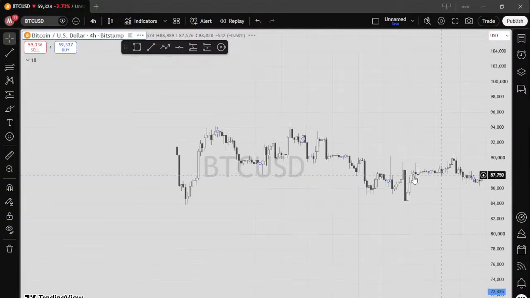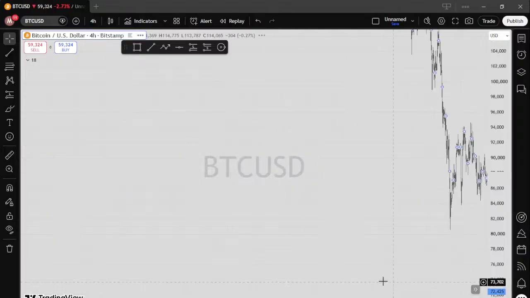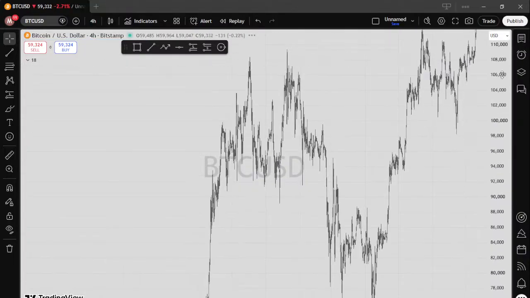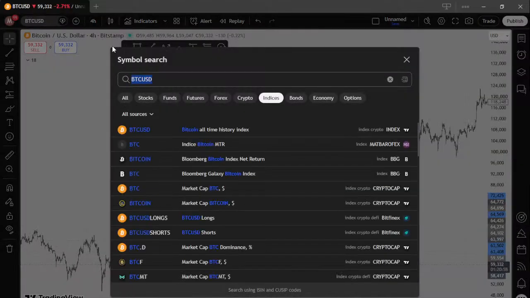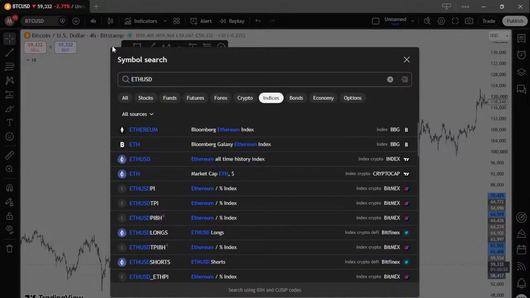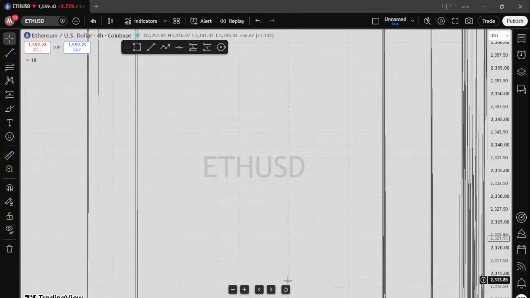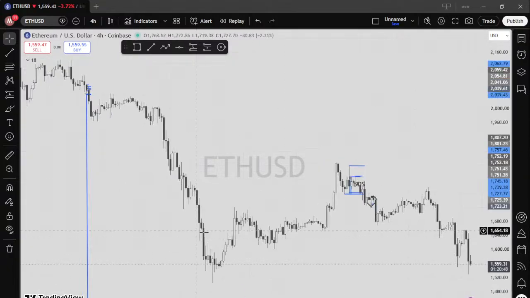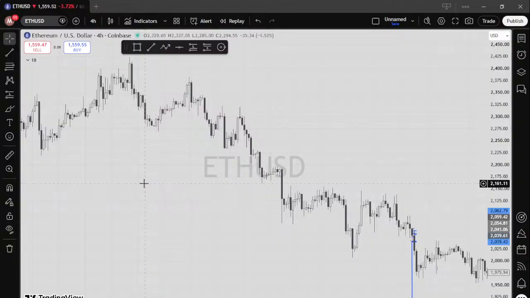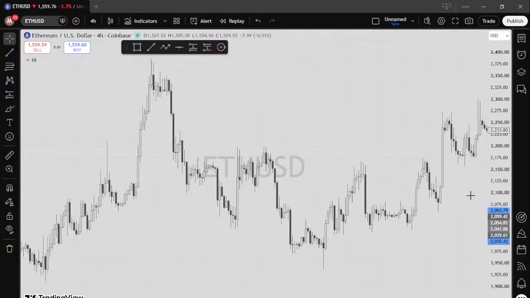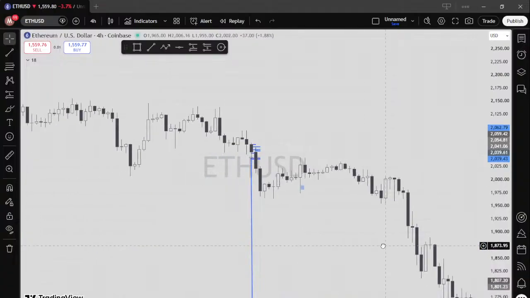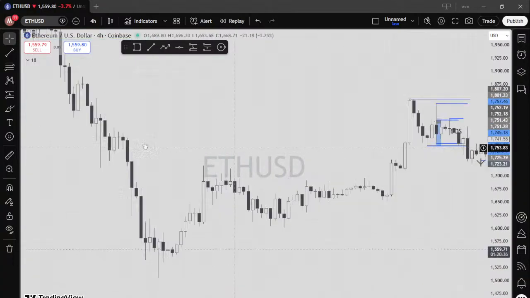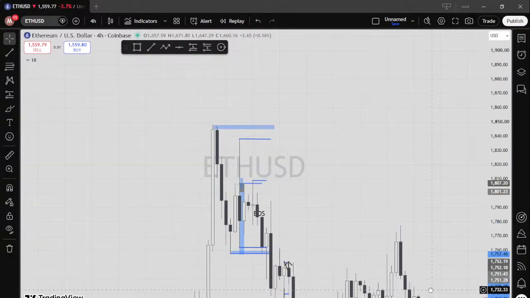Now, I don't have previous analysis on this market. Oh, I remember I cleared all of it. Okay, I think I have analysis on BTCUSD. Yes, I have an analysis there. Only one time analysis, right? So let's zoom out and see.